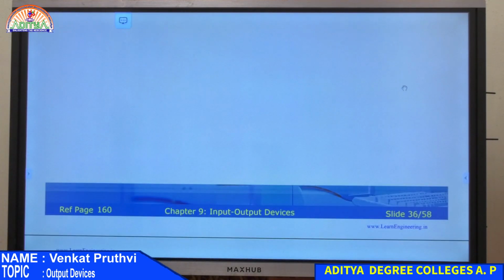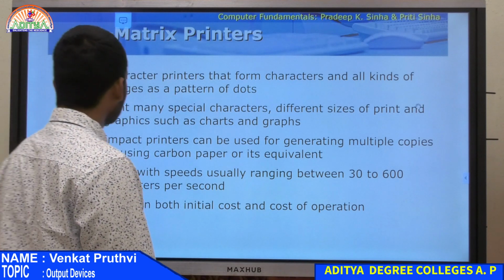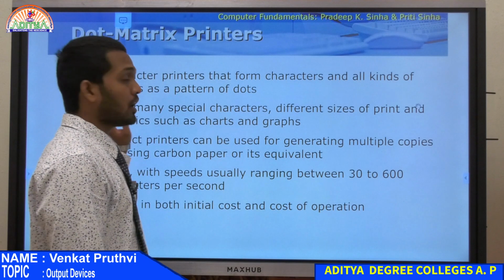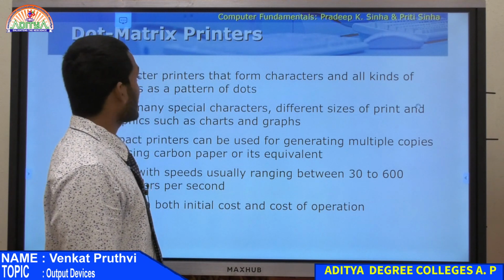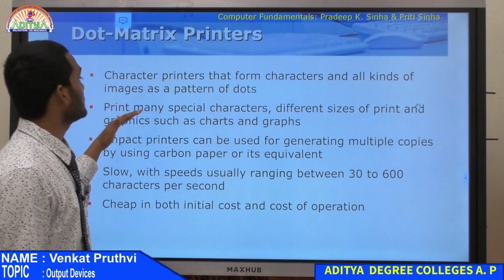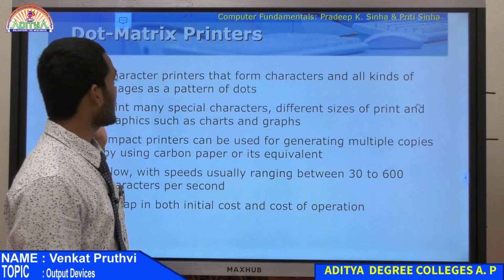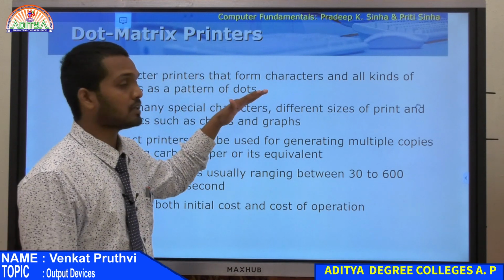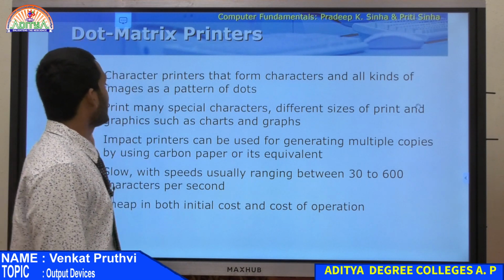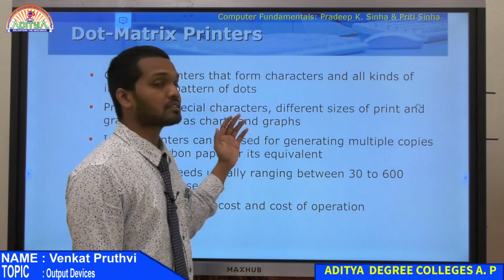Now what are the different kinds of printers we have? The first kind of printer that we have is the dot matrix printer. The dot matrix printers are character printers that form characters and all kinds of images as a pattern of dots, and then print many special characters, different sizes of print and graphics such as charts and graphs.